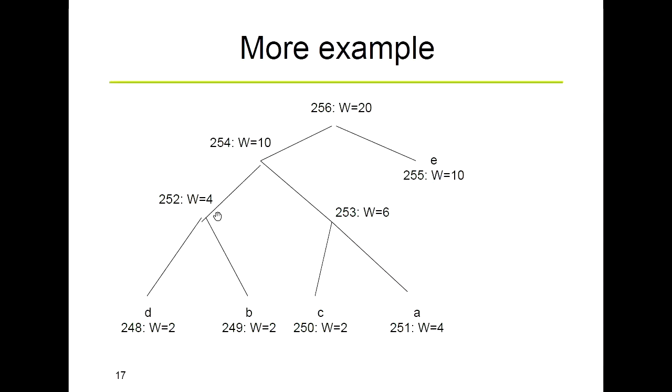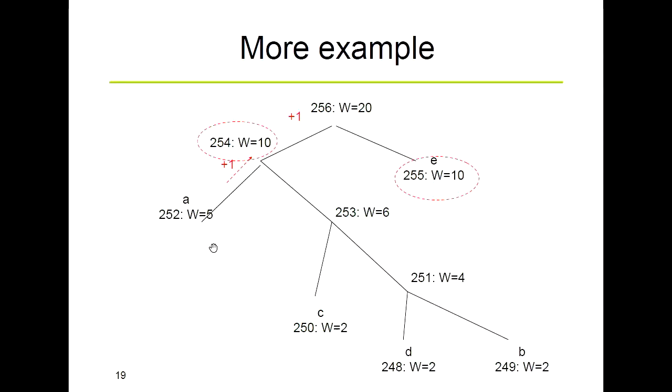But look at what happened when A becomes 5. This intermediate, so this subtree here, the total weight is 4. A right now is still 4. But if I add one more to this, A will be 5. So A should be more popular than this whole branch. The idea here is that if A is more popular than the whole branch, you will penalize that less popular branch, push them down, because you are actually more popular.